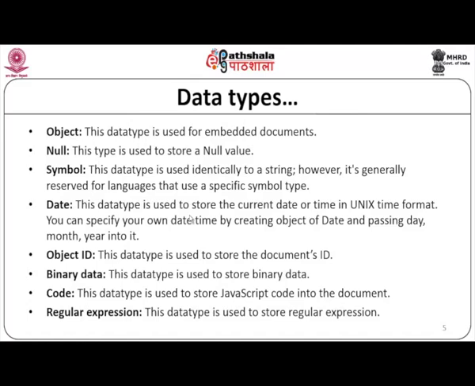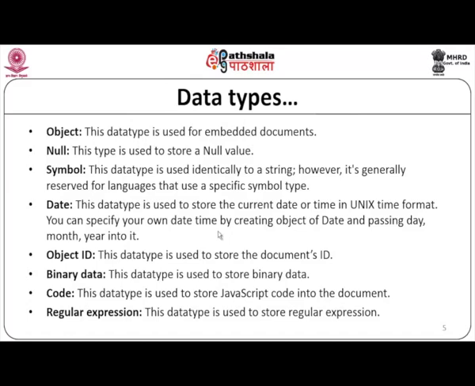You can specify your own date time by creating an object of date and passing the date, month, year and time into it. There is a special data type called object ID, which is used for storing document IDs, a unique value for identifying documents.